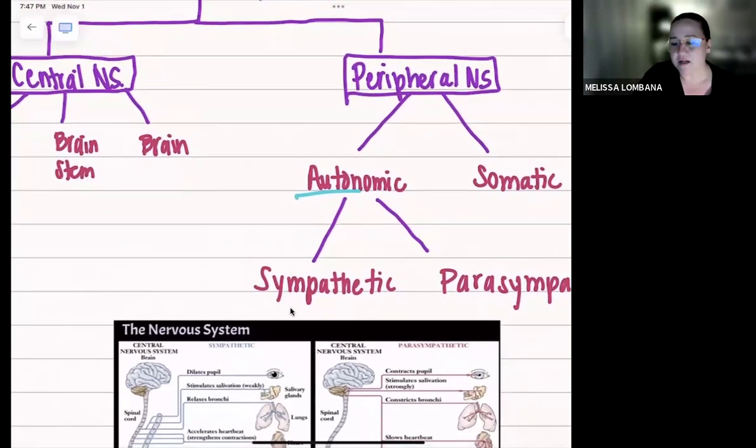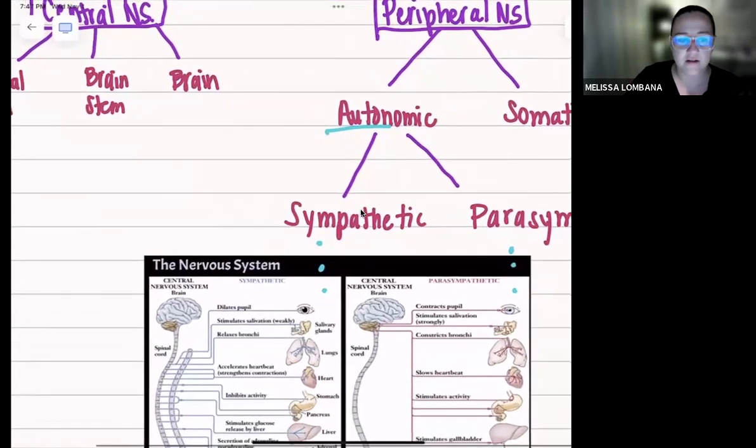But you need to be putting notes right under each one of these because they're always asking about this. They may say peripheral nervous system, and you need to know that that includes the autonomic and somatic, and then you have your sympathetic and parasympathetic for your autonomic, the automatic, involuntary.